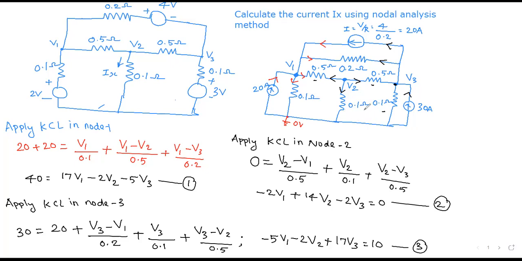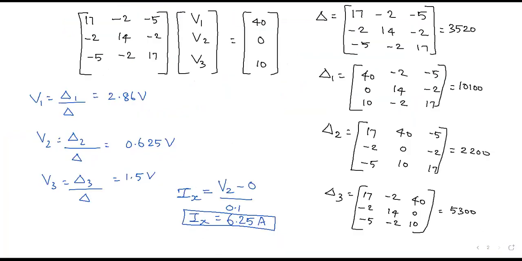If they are given as voltage sources, we have to convert those voltage sources into current sources, then only proceed. As in the problem we just solved, the voltage sources were converted into current sources. Then we applied Kirchhoff's current law to calculate the nodal equations. By solving all three equations, we get del 1, del 2, del 3, so V1, V2, V3 are calculated. Then finally, Ix is calculated. This is a common step. You can apply it to all problems to calculate current or voltage using nodal analysis.